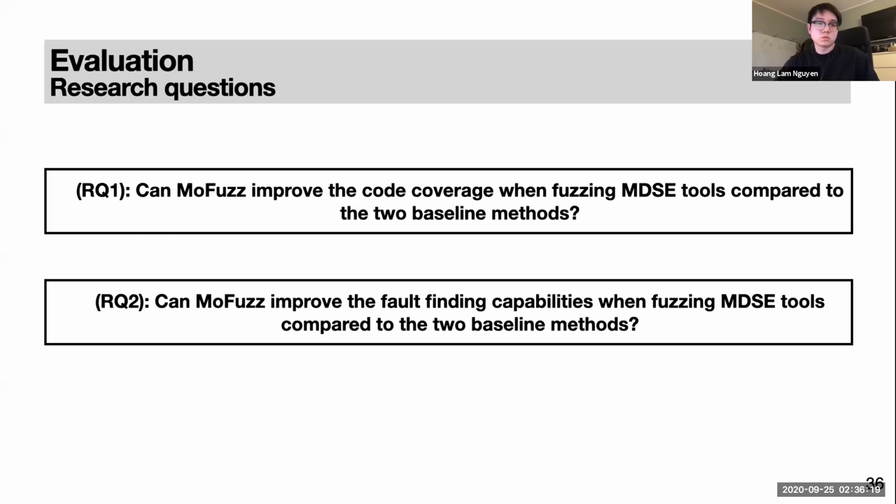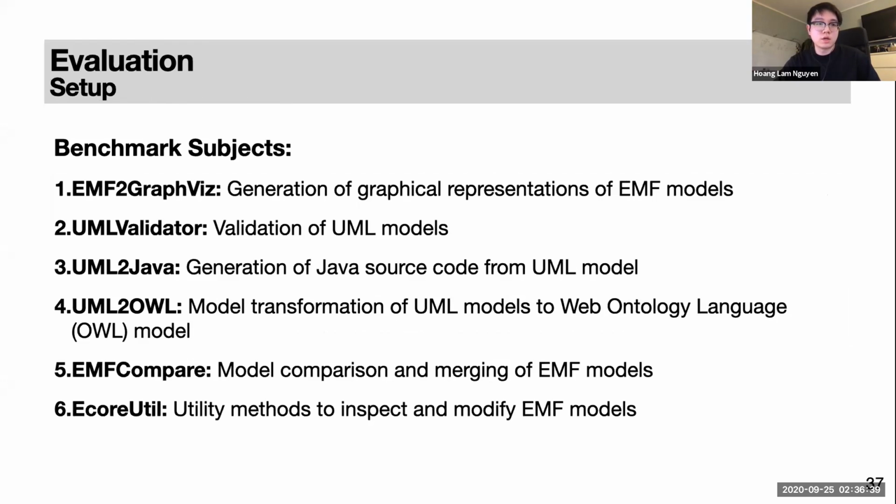So we have evaluated our approaches and we attempted to answer 2 research questions. The first question is whether MoFuzz can improve code coverage compared to the baseline. And the second research question is whether MoFuzz can improve the fault finding capabilities compared to the baseline.